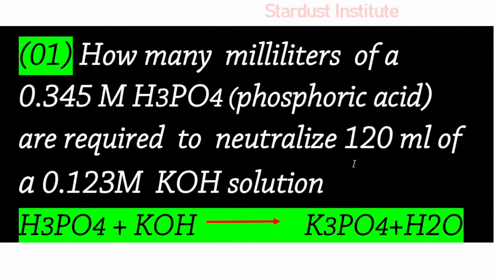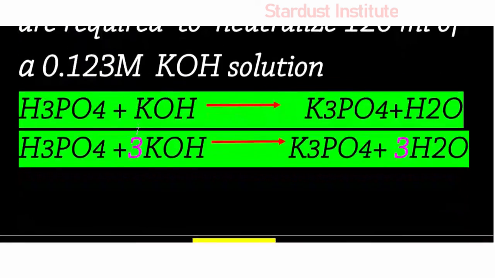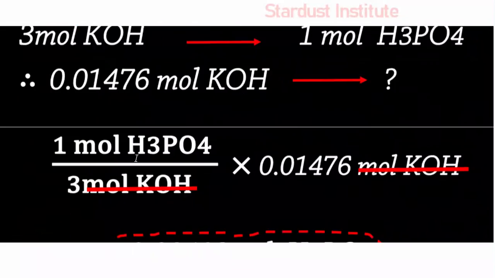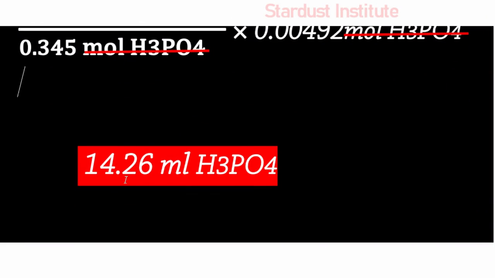To neutralize 120 milliliters of a 0.123 M KOH solution, 14.26 milliliters of phosphoric acid are required.